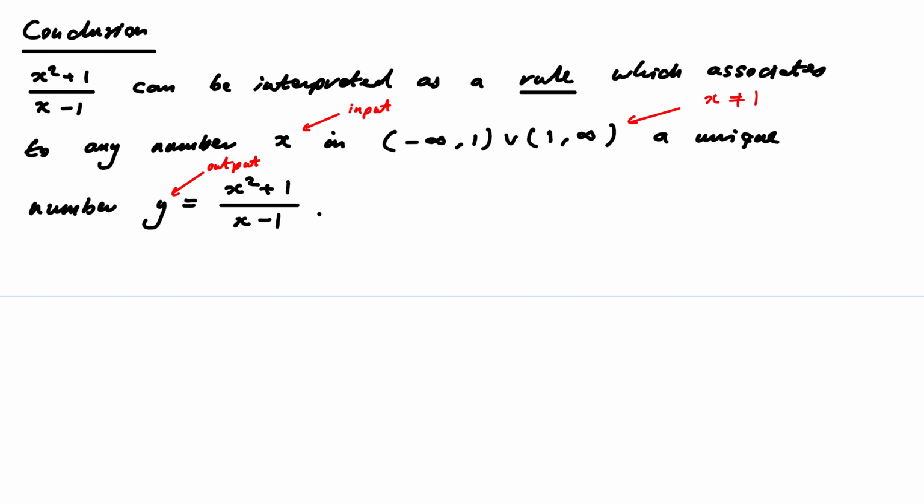Okay, so interesting. So this rational expression, x squared plus 1 over x minus 1, for a specific value of x, yeah, it's a number, but because I can think about x as varying, I can view it from this perspective of actually being some sort of recipe or a rule which associates to any x another number. It's like an input and an output.